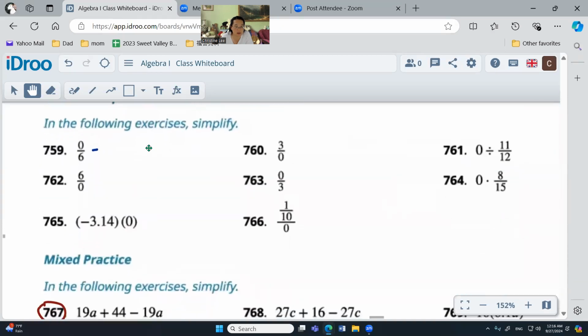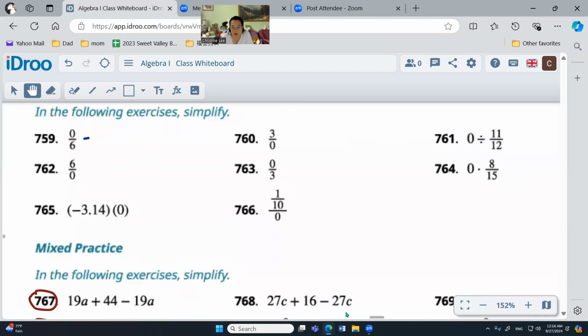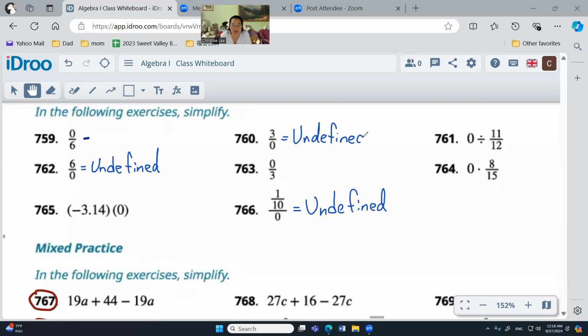Yeah, my English is not good, so I have to check, make sure I'm always right. 100%, all right? Undefined. And then this is in the bottom. Undefined. Here. Undefined. Okay, next.